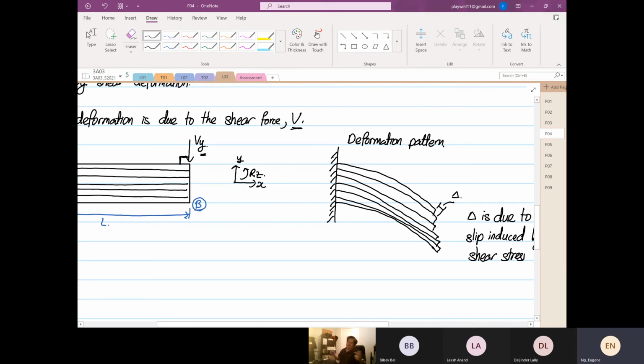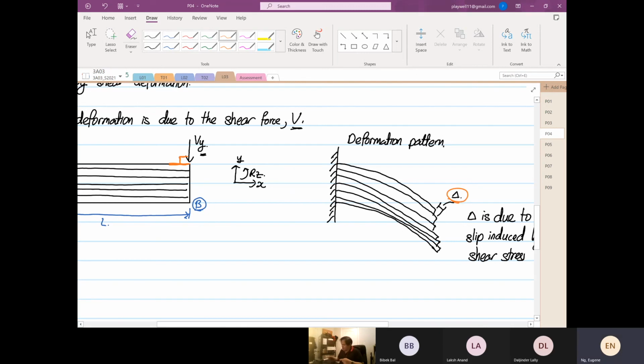You just drew a right angle at this point, relative to the top surface it's 90 degrees. So why is it shearing? And the deformation that I've drawn is parallel to the surface.